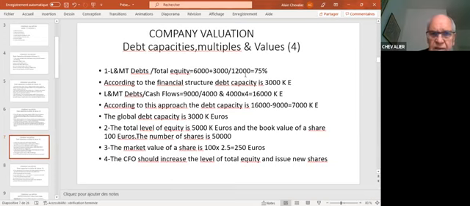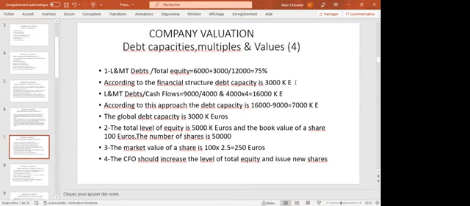According to this calculation, the debt capacity is about 3,000, which is the difference between 12,000 and 9,000. With 3,000 more debt, the ratio will be 1, which is supposed to be the maximum debt to equity level accepted.